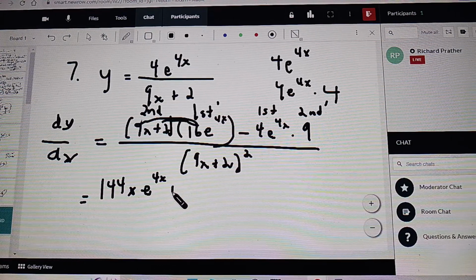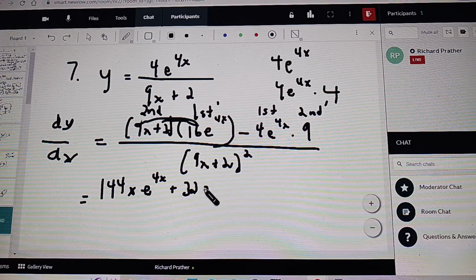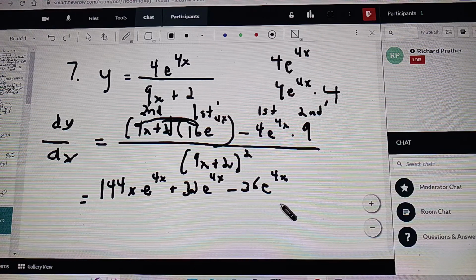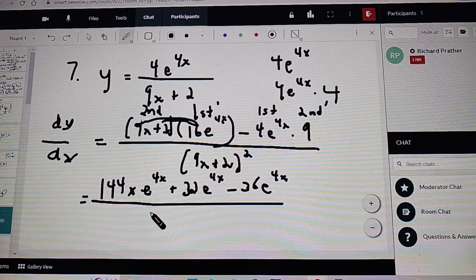Then I can put plus 2 times 16 is 32 e to the 4x, minus, and I could do 9 times 4 and get 36 e to the 4x. Over the second squared, which again, usually you just keep rewriting that all the way to the answer.